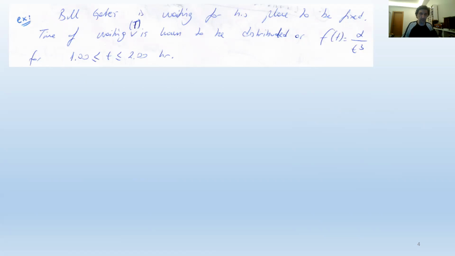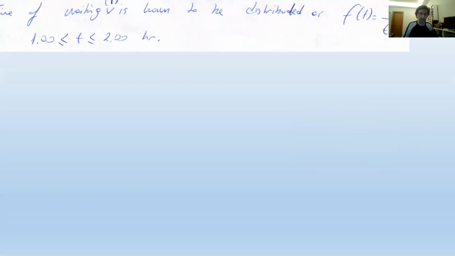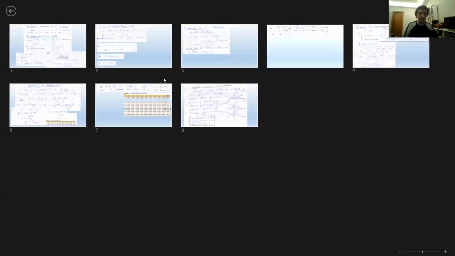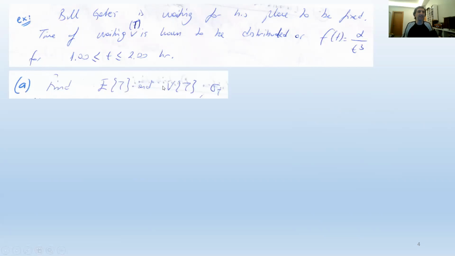And the question is this. I should have used the mouse. All right. The question is, what is the expected waiting time? And here, this should make pretty nice sense. If you were Bill Gates, what would be the time that you expect your plane to be fixed?